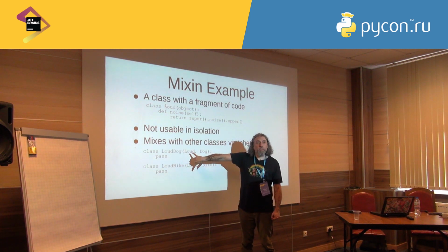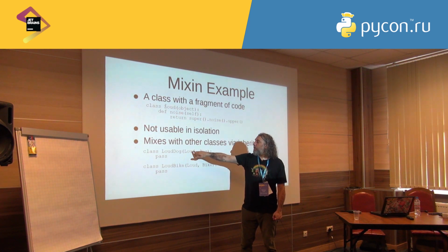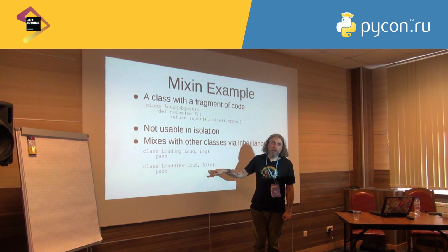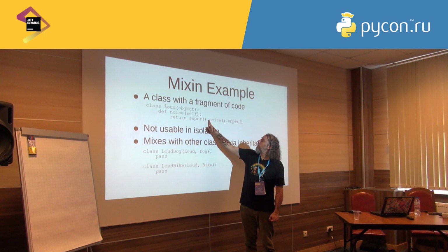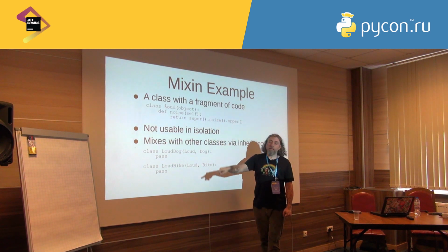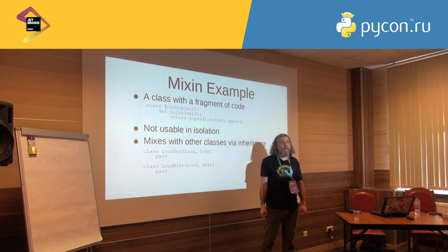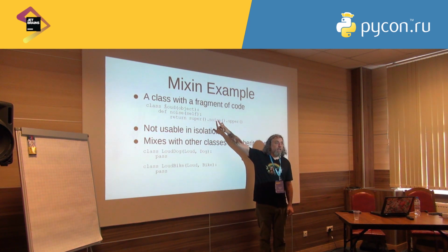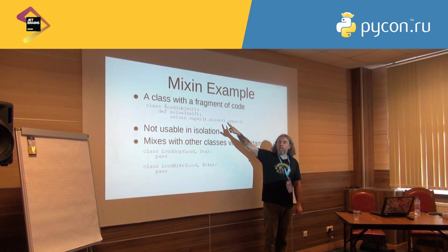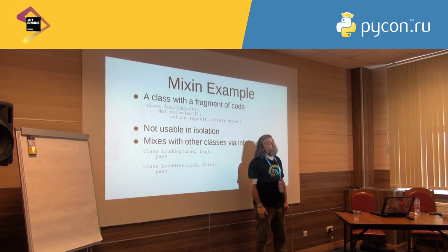Because we're using multiple inheritance, and because the next class has a noise method, this super call goes sideways. So we can mix this loud class into any class that has a noise method returning a string, and we'll get a loud version of it.